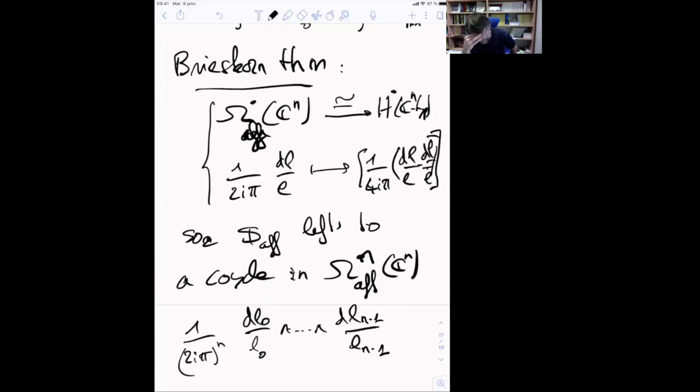I mean, the Mathai-Quillen construction is very nice because it produces formulas, but one problem is that it produces real differential forms.